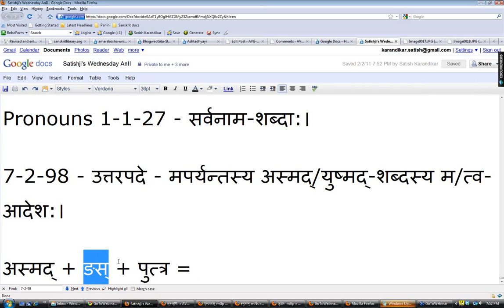So now you do not know, when you say mad bhaktaha, if you say asmad putraha, you do not know whose it is. You can say asmad pustakam. It could be anybody's book, all of our book. But when you say mad pustakam, it has to be only my book. So it is very important to distinguish whose it is: mine individually or everybody's, or more than two.